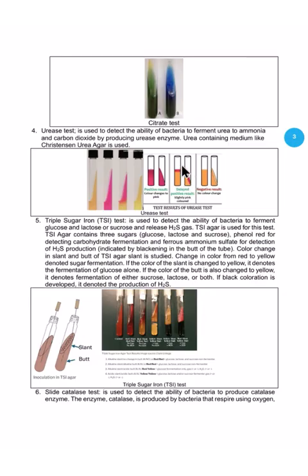If it is only partially changing, the medium changes into partially red, for example, only in the slant part, then we call it delayed positive. That means it has the enzyme, but it takes time to hydrolyze the urea. It's not as active as the pure positive bacteria.